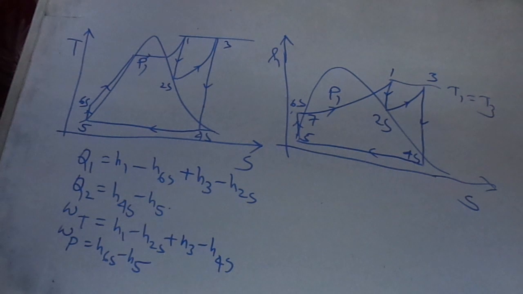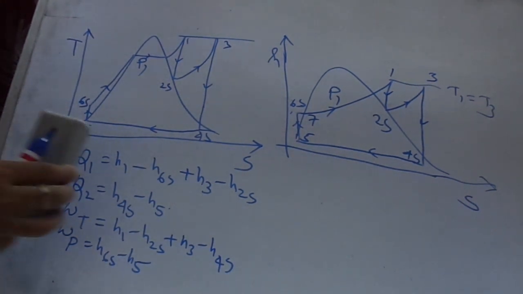Efficiency eta is equal to WT minus WP by Q1.